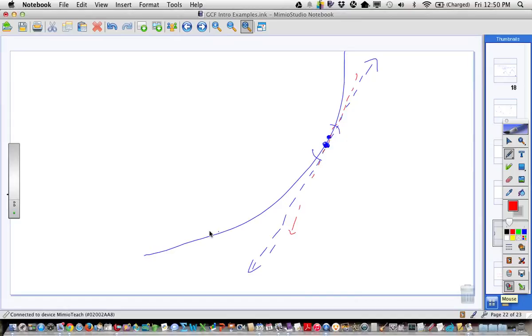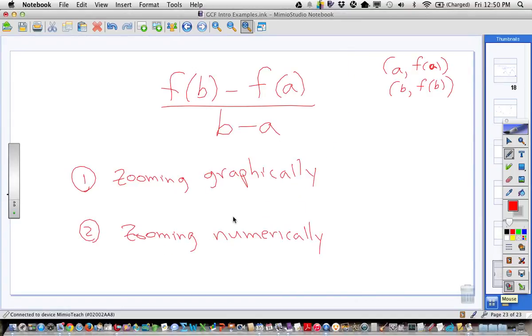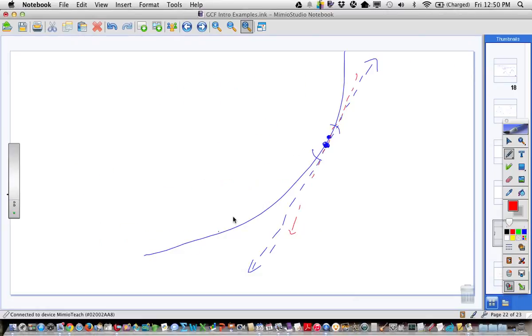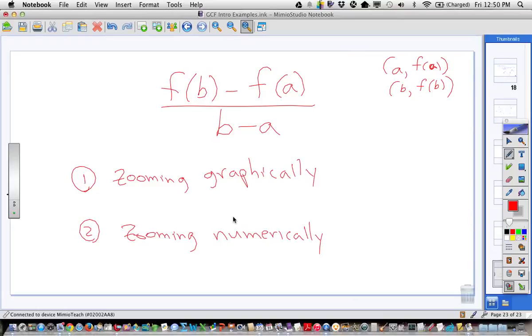It's an actual visual representation of going in here and seeing this small window where the curve is straight. That's what it is. Zooming numerically is simply doing the same thing but without doing it with the calculator.